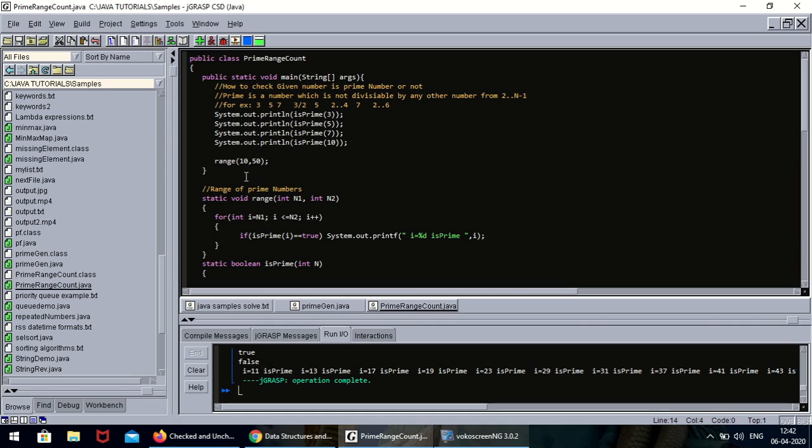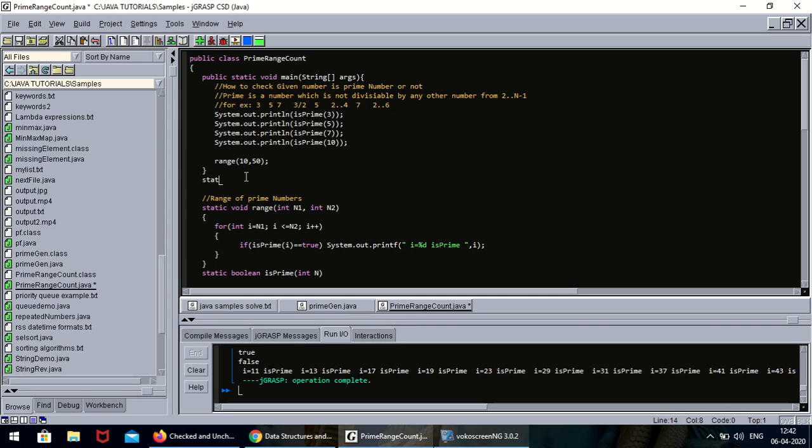If someone asks you to display the first 100 prime numbers, in that case how will you do it?